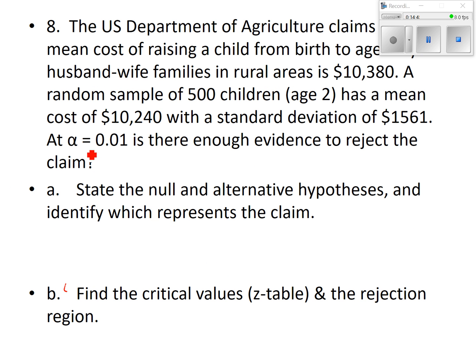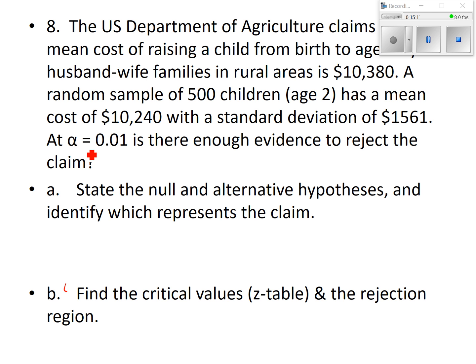Next one, now we get on to the problems where you actually have to do something. Notice on these, I did tell you which section on the review packet at least. The U.S. Department of Agriculture claims the mean cost of raising a child, right away mean tells us what symbol are we using? Mu.